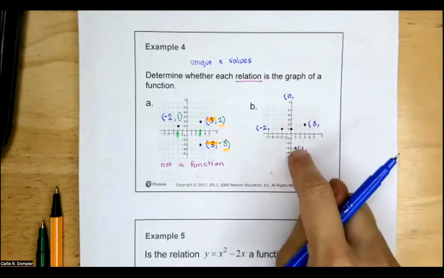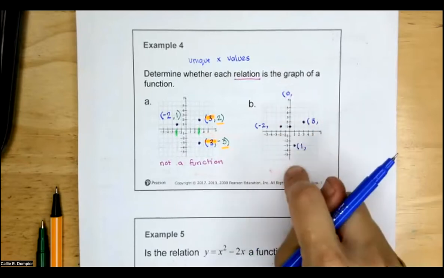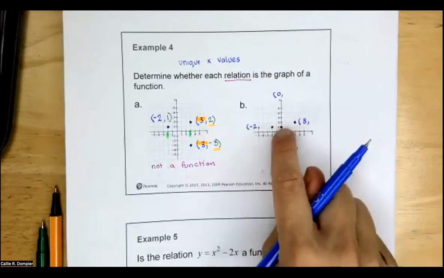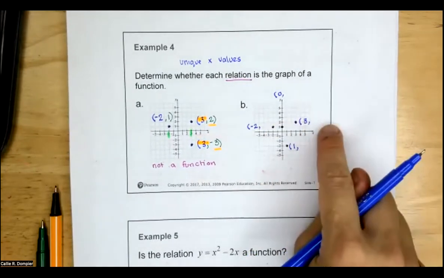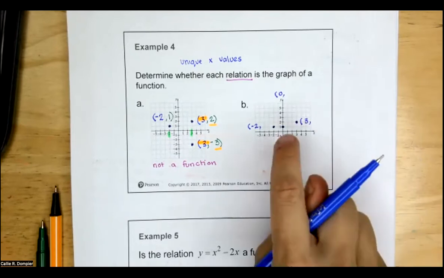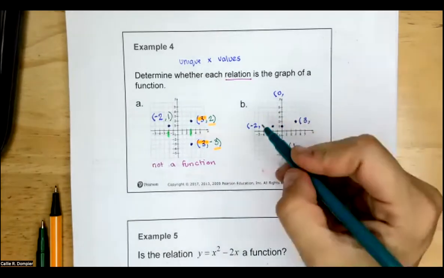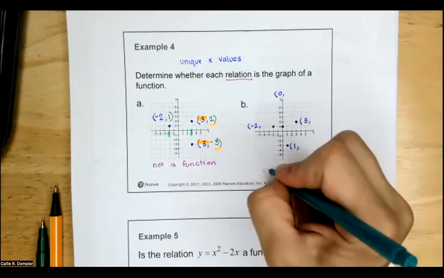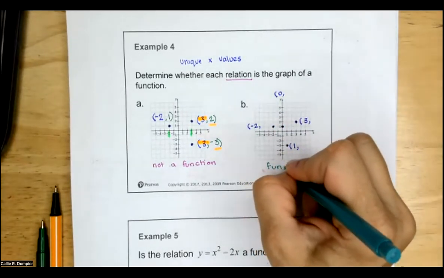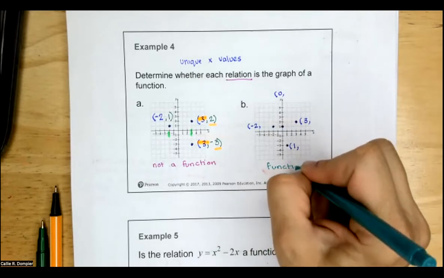So if you ever have a point on the y-axis, that means it went no value to the left and no value to the right on the x-axis, so it's just 0 on the x-axis, all right? We don't have any x's repeating, so we can say this is a function, okay?